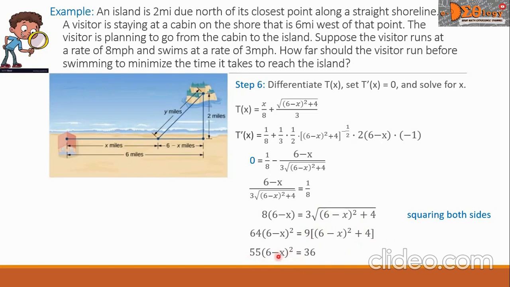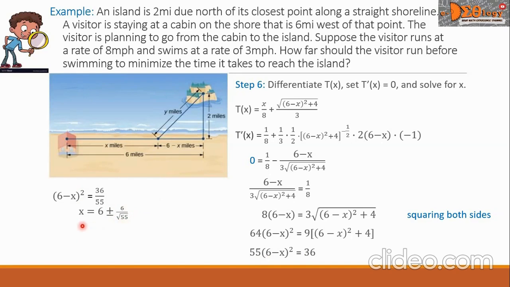Let us divide both sides by 55. So we get 36 over 55 on the right side, while the left side will be the square of the quantity 6 minus x. Let us take the square root of this equation and solve for x. The value now becomes x equals 6 plus or minus 6 over the square root of 55.